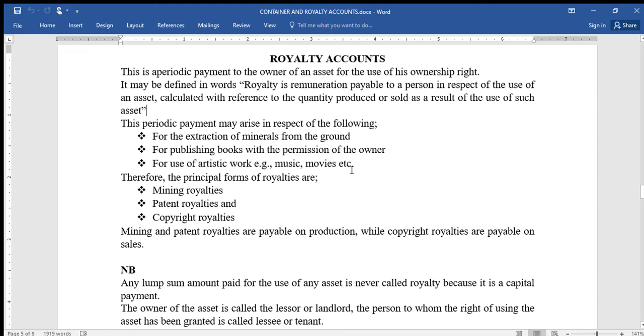Then the three principal forms of royalties. We have mining royalties, as a result of extraction of minerals from the ground. Then patent royalties, as a result of publishing books with the permission of the owner.